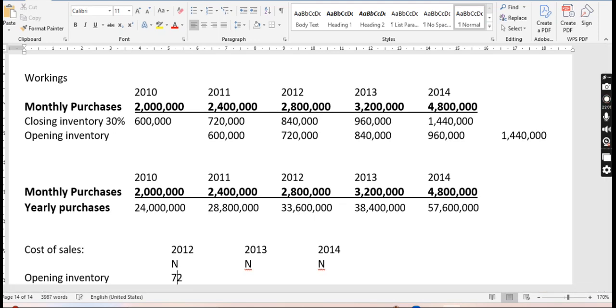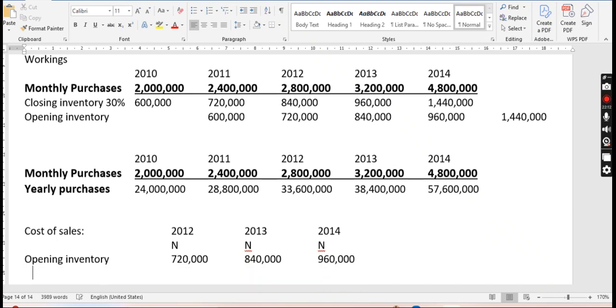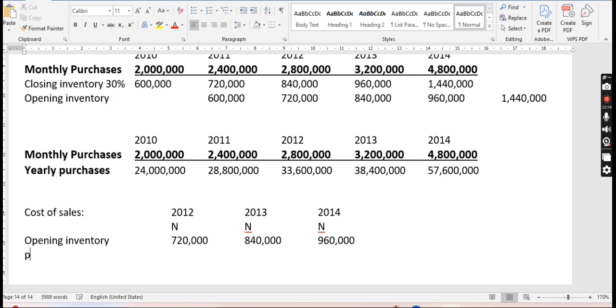Opening, 960. Add your purchases: 2012, 2013, 2014.